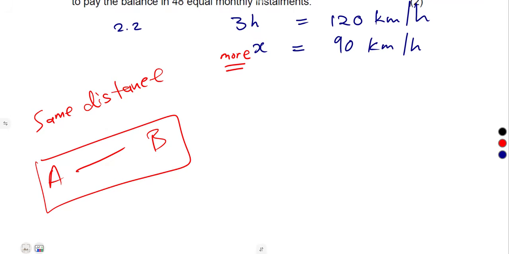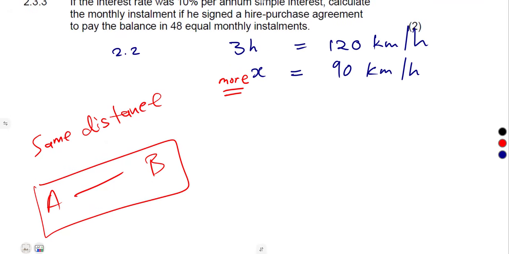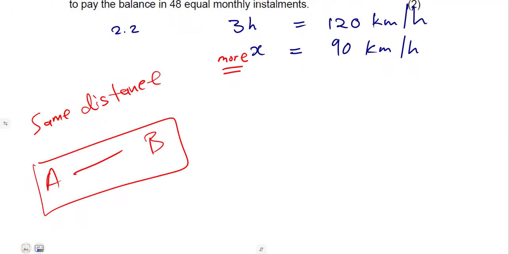So it does not correspond. The bigger the value, the lesser the other. The smaller the speed, the more time. So what type of a rate is it that we are considering there? That is inverse, does not correspond. More to less, less to more. It's supposed to be more to more, less to less. That is direct.